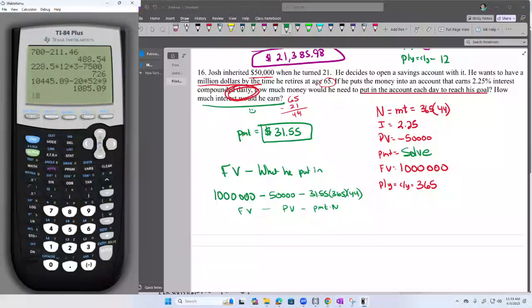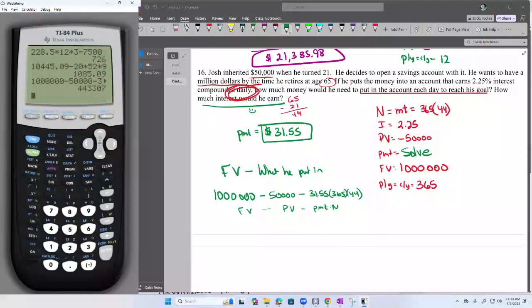So I'm going to come over here and do 1 million minus 50,000 minus, not times, minus 31.55 times 365. Alright, so we have 1 million minus 50,000 minus 31.55 times 365 times 44.